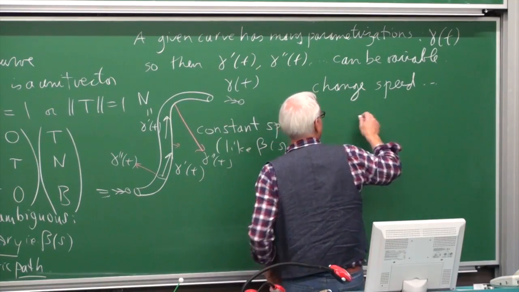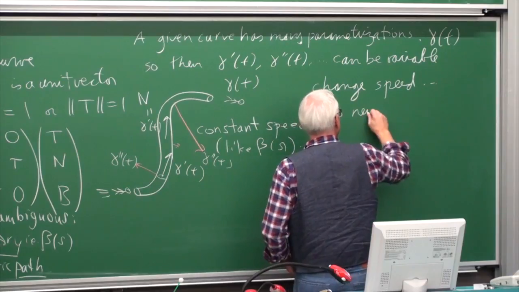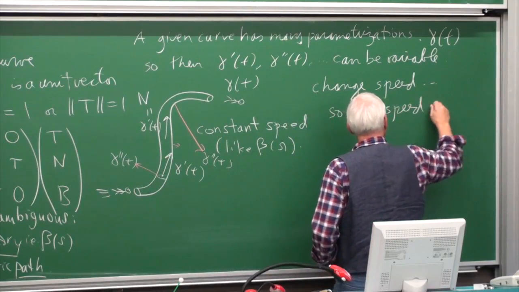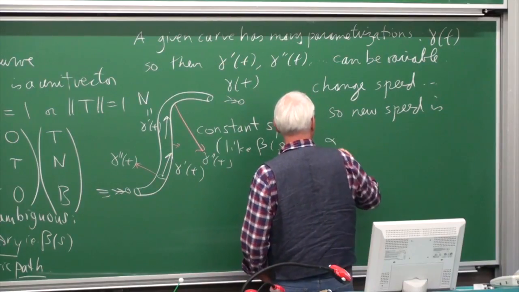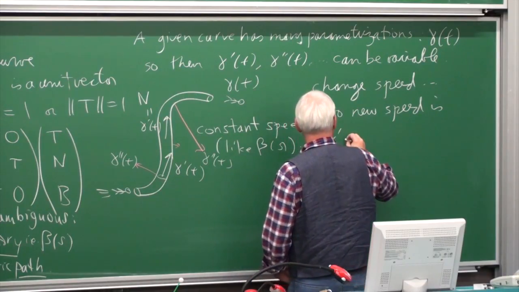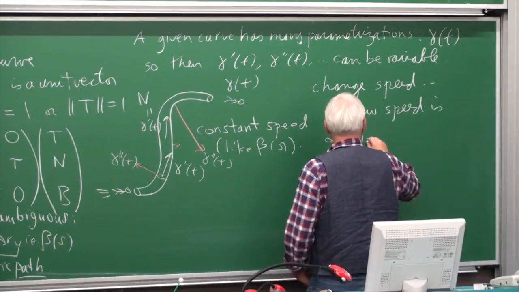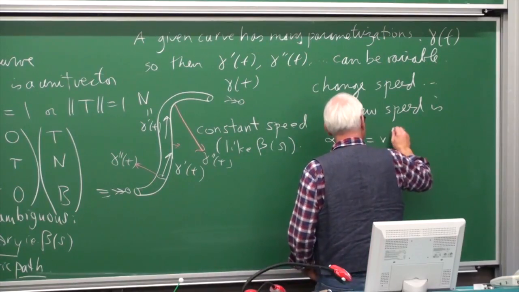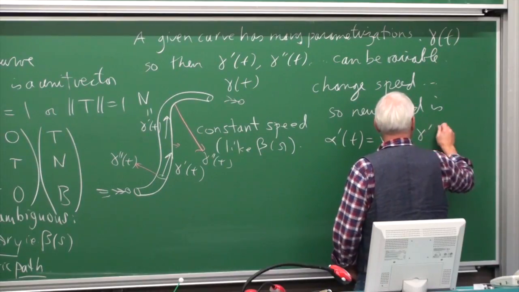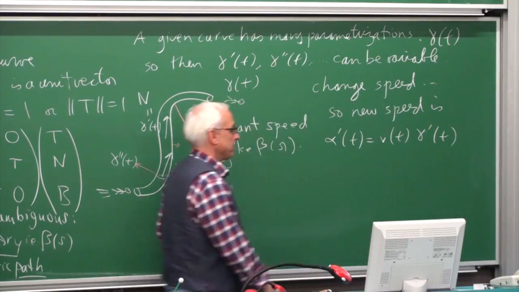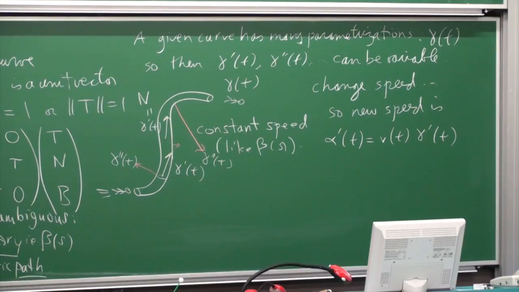So that the new velocity is, well, let's call it alpha prime of t, which is the new speed times the old velocity.